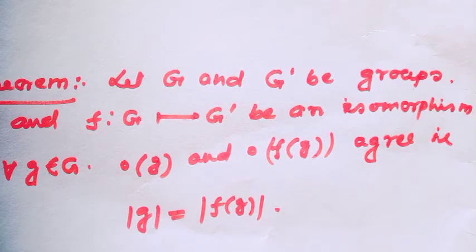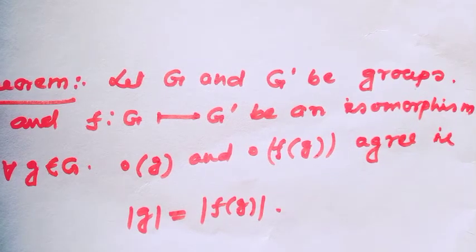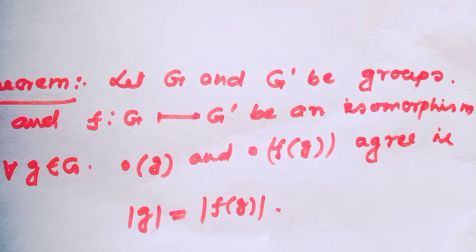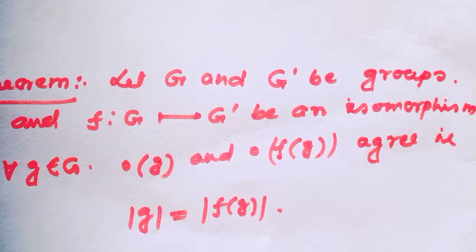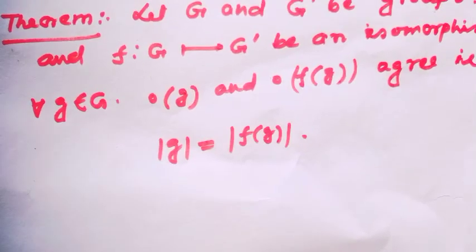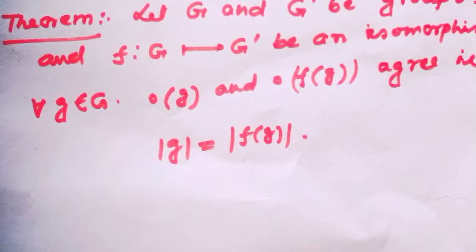That means the order of g always equals the order of the image of g. Okay? And this is true for all elements of the group capital G. Let's see one example by use of this theorem.